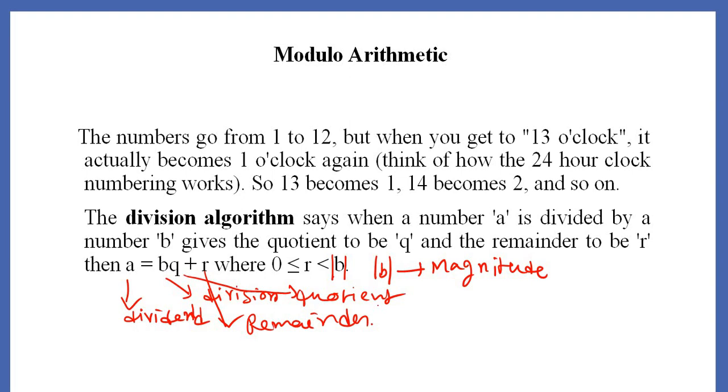Now why are we discussing this here? I already told you by showing a clock. The modular arithmetic is nothing but included in the concept of remainder, and that remainder will give you the answer. That is why I am discussing the concept of division algorithm here.